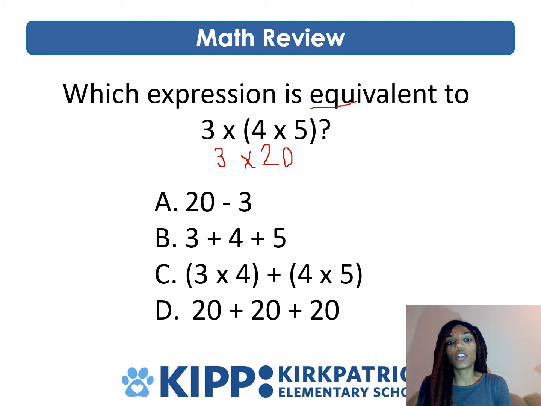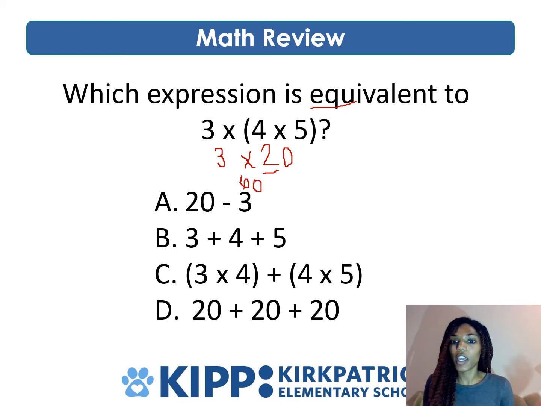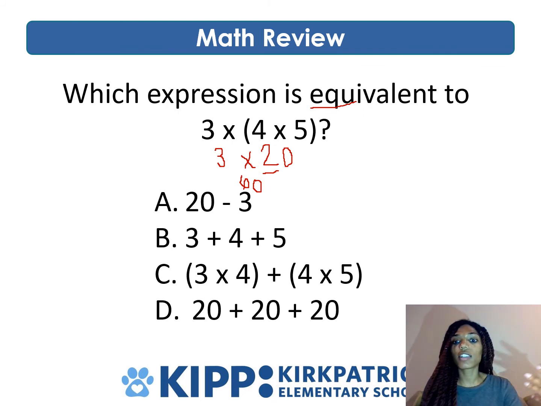So we have to do 3 times 20, and instead of doing your 3's 20 times, because most of us don't know 3 times 20 right off the top of our heads, what you can do is you can do the basic fact that we see there. 3 times that 2 will give you 6, and then just add the 0 that you left over. And boom, 3 times 20 is 60. So now we need to figure out which one of these answer choices matches 60, is equivalent to 60.